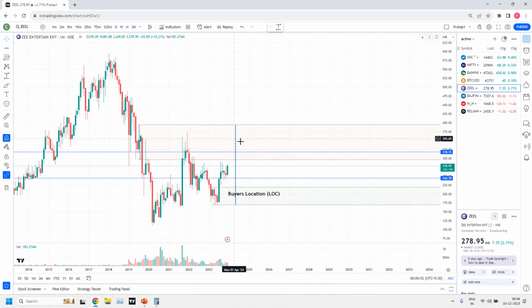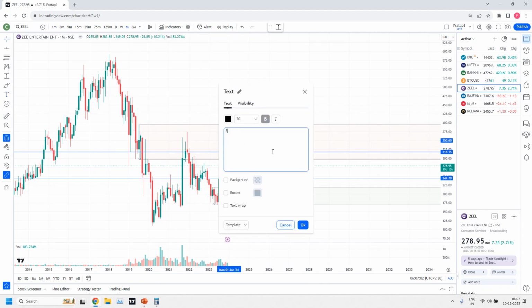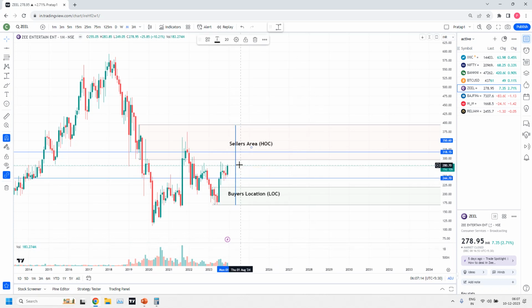So this one we have seller's area, that is high on the curve. And in between we have equilibrium.